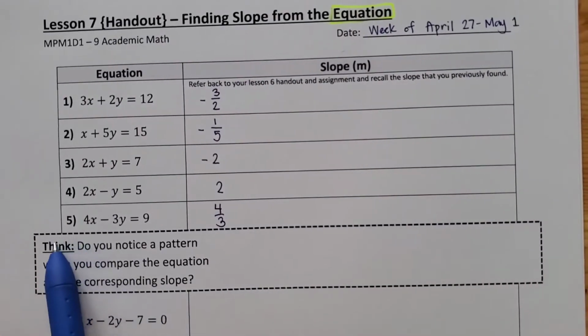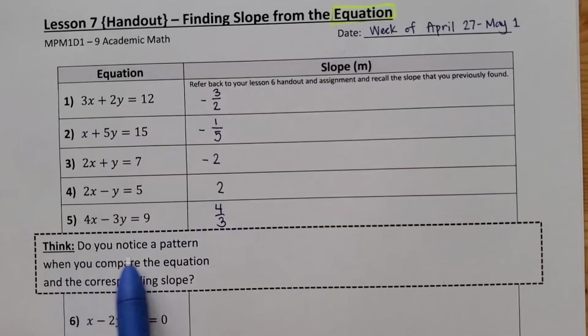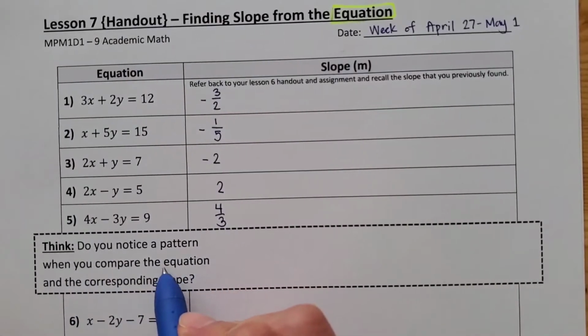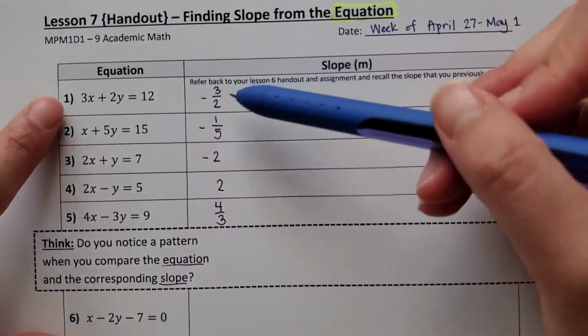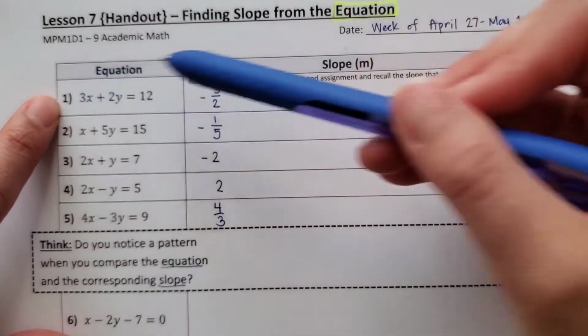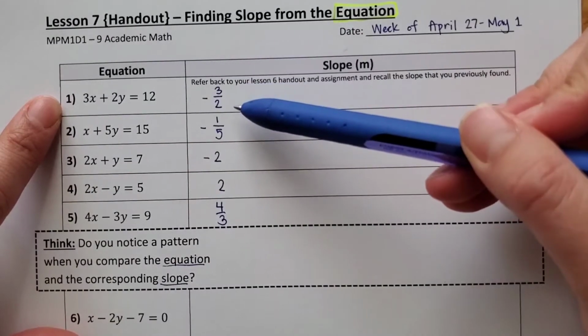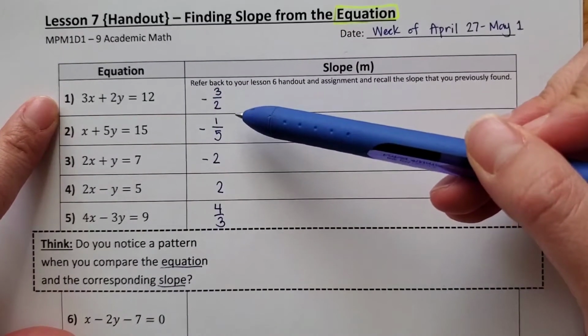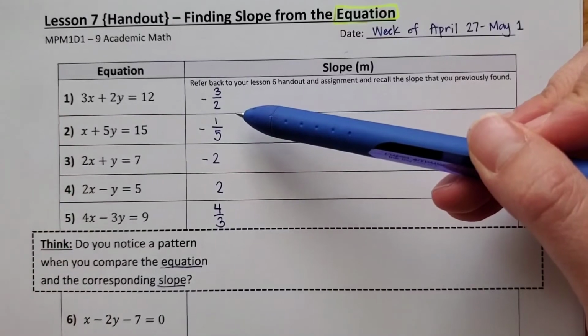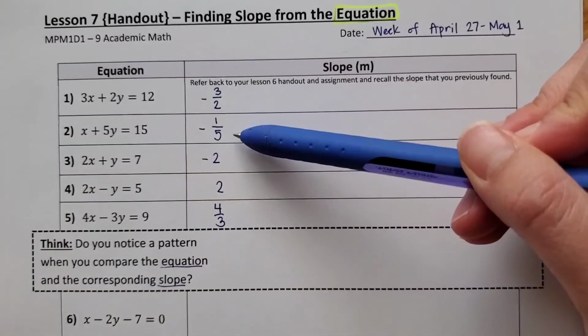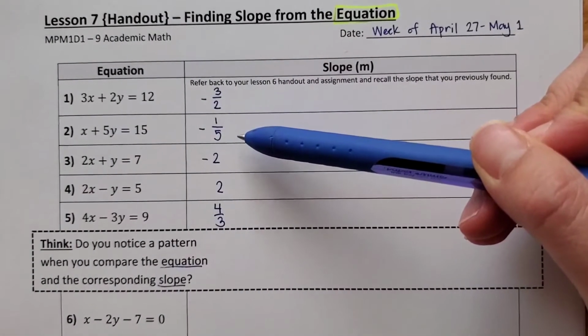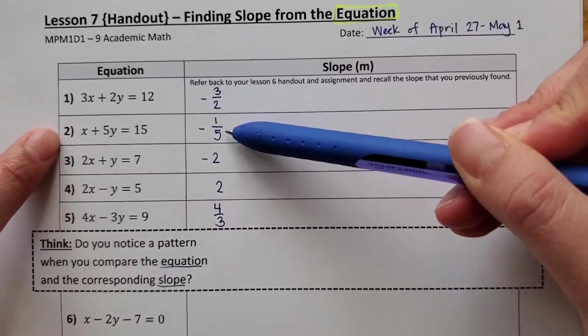The one thing I want you to look at is this. Do you notice a pattern when you compare the equation and the corresponding slope? Look at number 1. Look at the equation and look at the slope. Do you notice a pattern? I actually want you to try to figure this out on your own. Take maybe a couple of minutes to pause this video and see if you can figure it out without me telling you. I'm obviously going to tell you in about 2 seconds, but I want you to figure it out.